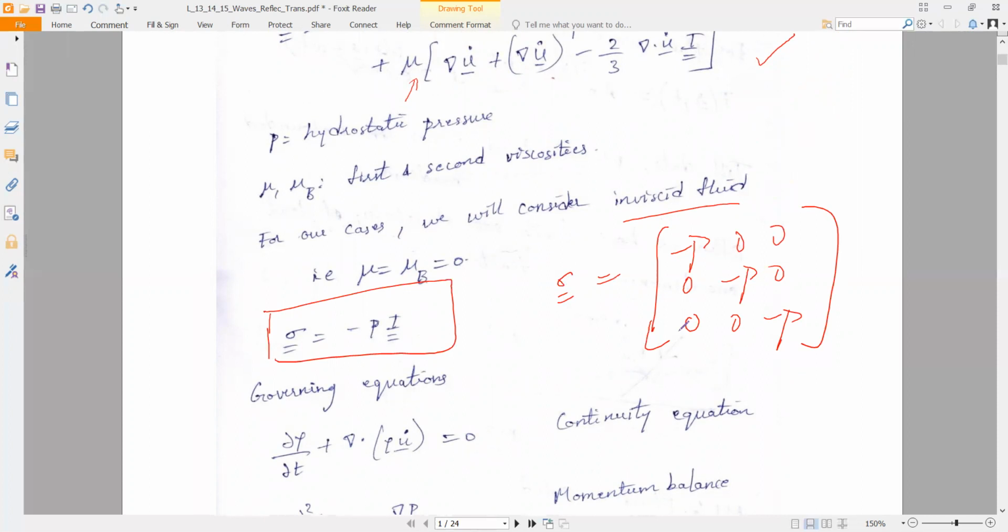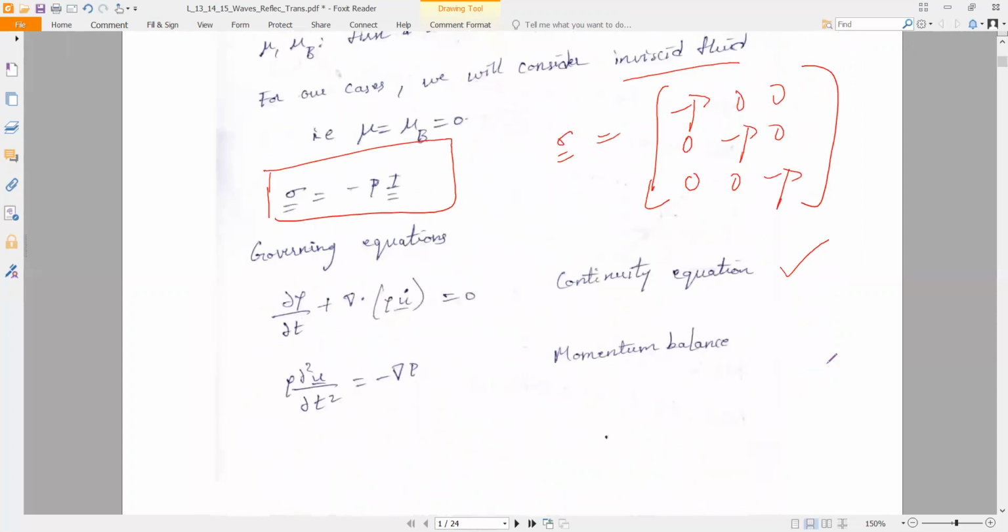And the continuity equation is same as before. The momentum balance equation is this. This can be readily derived; you can look up the book by Kinsler. All you need to do is take an element and balance it out. It is equivalent to our del dot sigma plus f is rho del square u by del t square.